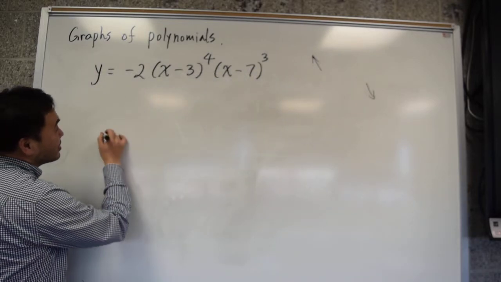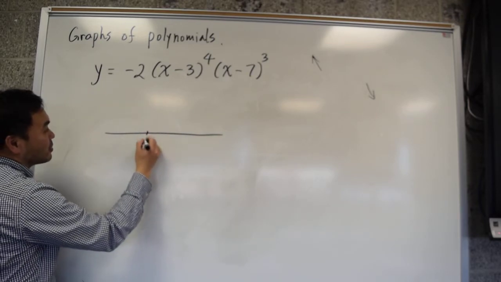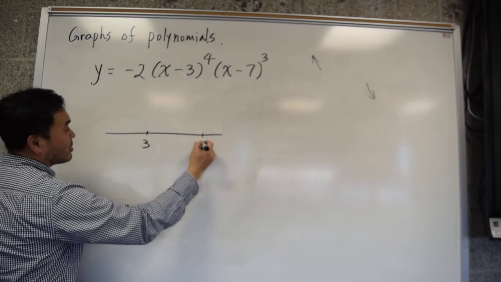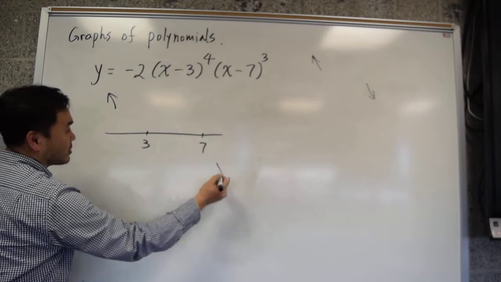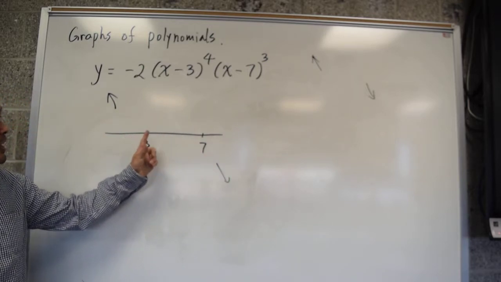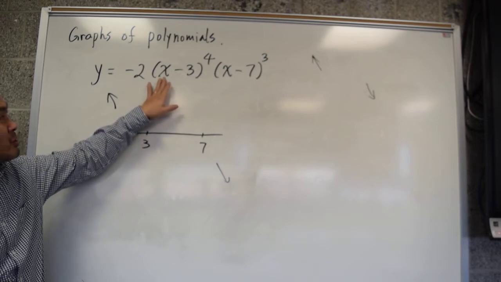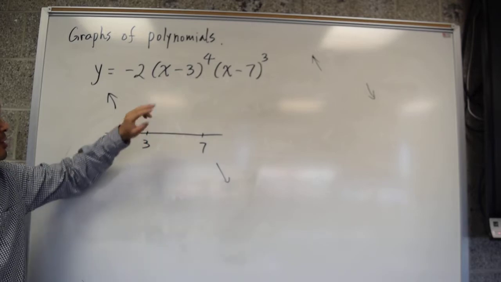Okay, so let's see. Now you have 3 and then 7. Before and after 3, when you plug in something slightly bigger than 3 and less than 3, let's see if there's a sign change. So 2.9.